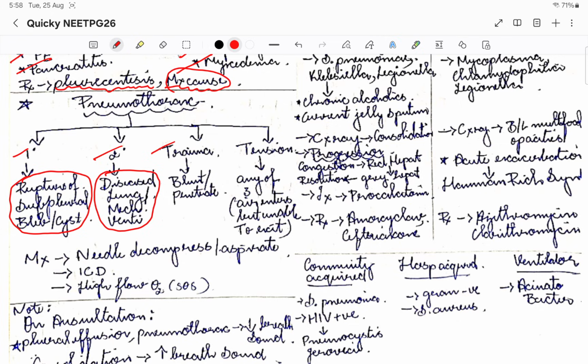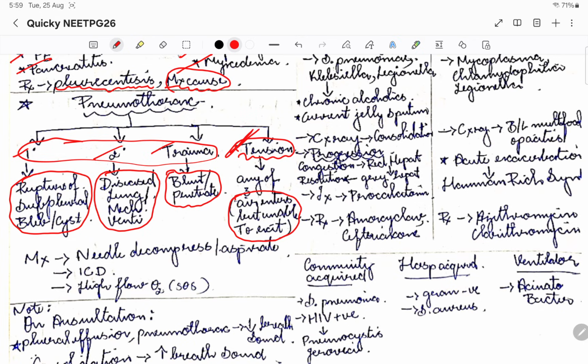If there is a trauma, all the air from the outside will be trapped inside, right? So this is the traumatic pneumothorax. Whereas tension pneumothorax means any of these three might be the etiology, but if the air is trapped and is unable to exit, then it is called tension pneumothorax. Okay, that is the thing with respect to tension pneumothorax.